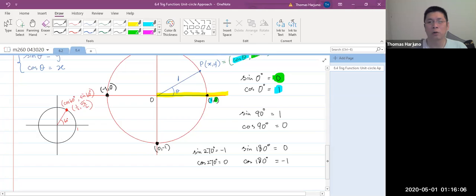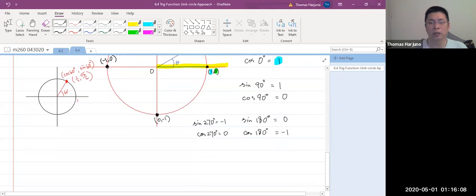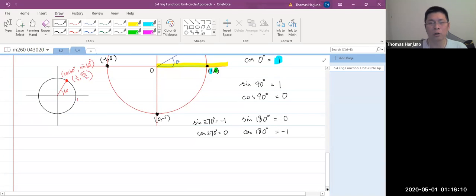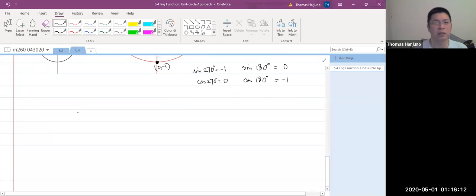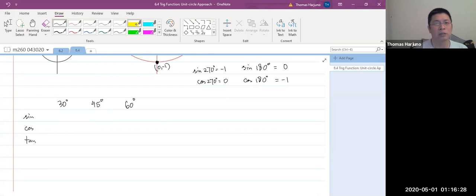So at this point, let's take a look at what we have known. The special angles, 30 degrees, 45 degrees, 60 degrees, we learned last time, for sine, cosine, and tangent. This is from Tuesday.